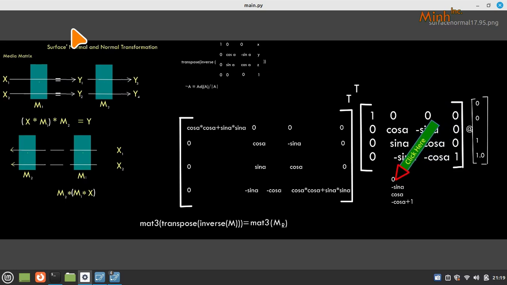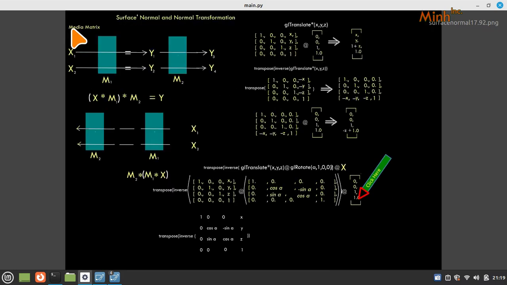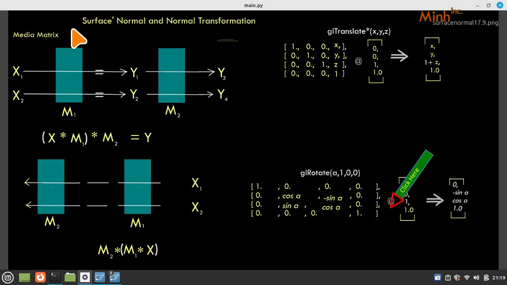Now if I take x, y, z, 0, minus sin A, cos A, w we leave it. Now can we remember something? If there is a rotation, then minus sin A cos A, this is the way it modifies.